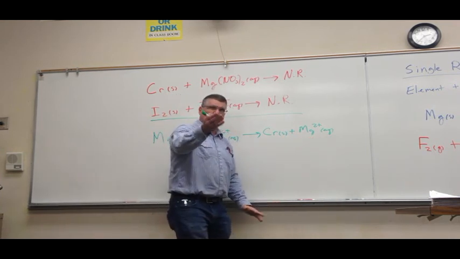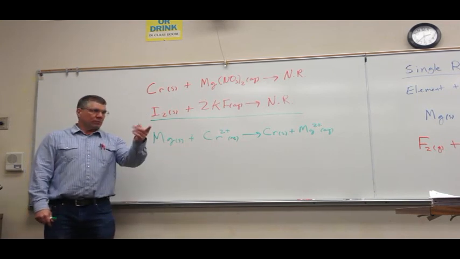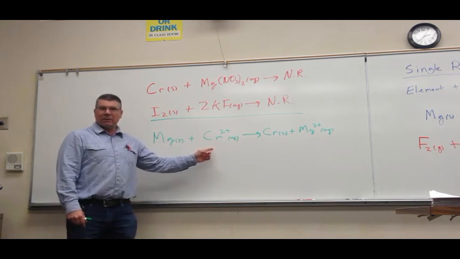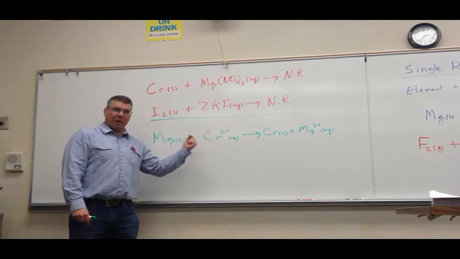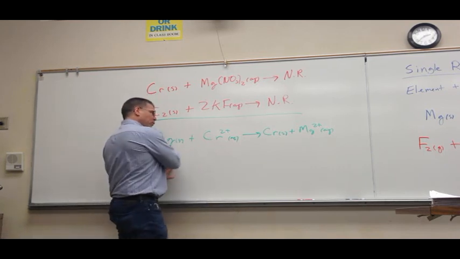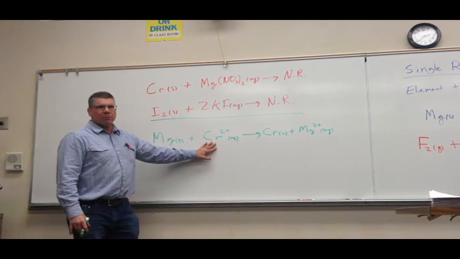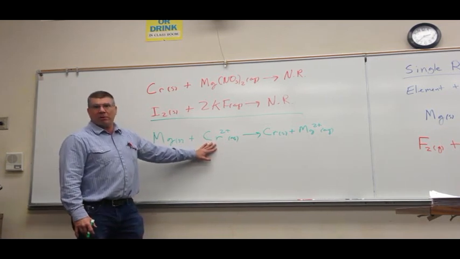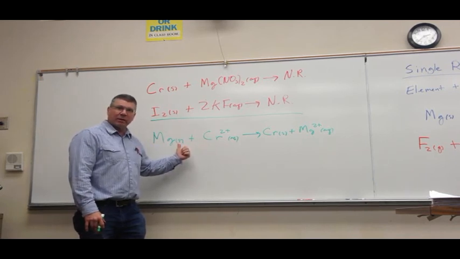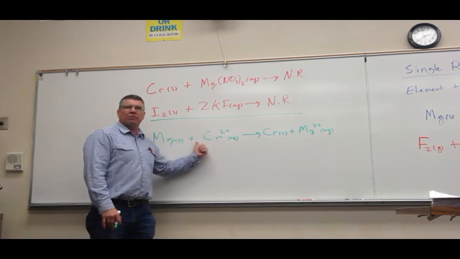In terms of electrons, what had to happen to the magnesium? Right, it lost 2 electrons, right? What about chromium? What's happening to it? Gains 2. So electrons are moving back and forth, right? And so what that means is, because it goes this way, chromium must be more stable with those electrons than magnesium is. You guys buy that? Because if it were the other way around, then magnesium wouldn't release the electrons.